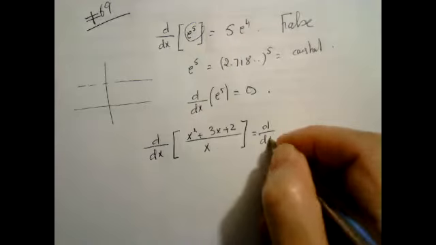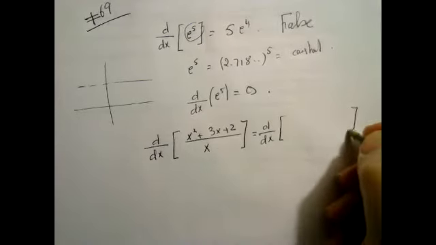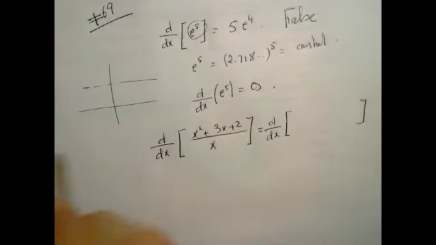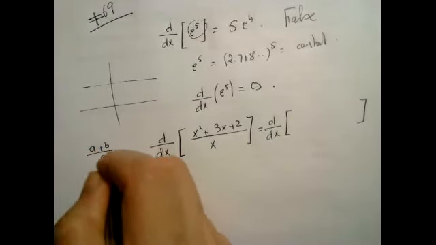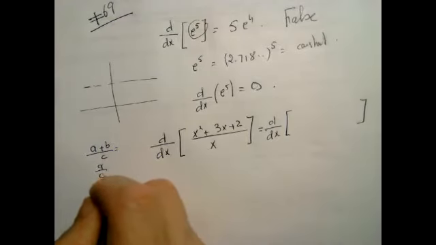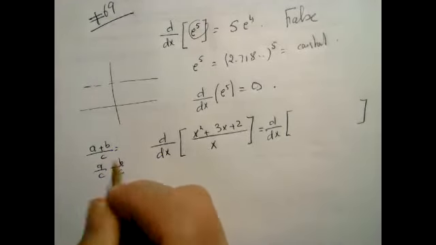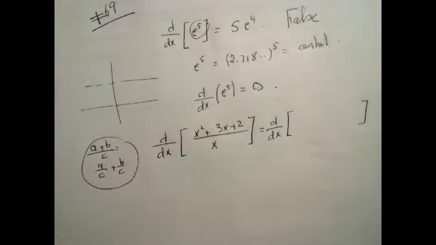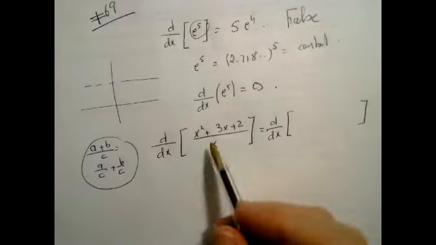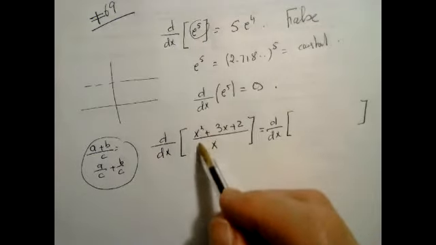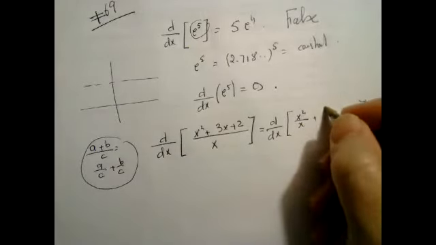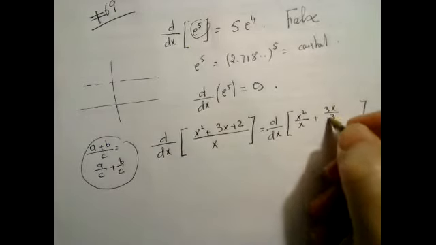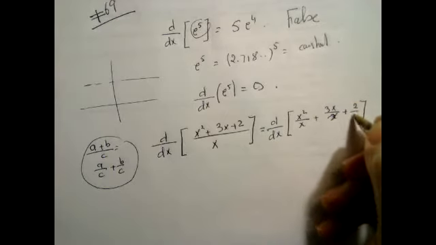So another way to do it is the following. Remember, we can split the numerator. If you have a plus b over c, it's actually a over c plus b over c. So the numerator can be split. It's the denominator we have no control over. So what your classmate is suggesting is that you can write this as x squared over x plus 3x over x plus 2 over x.